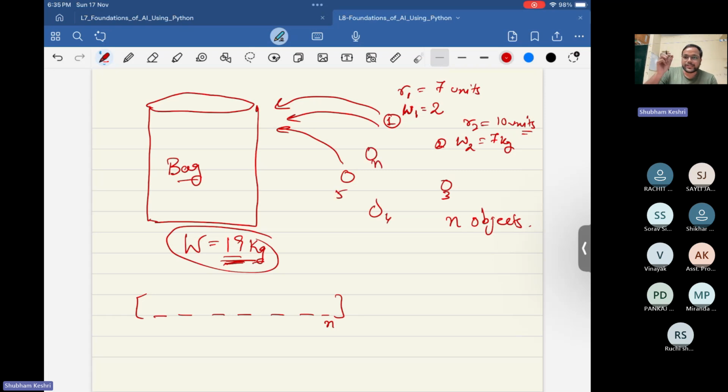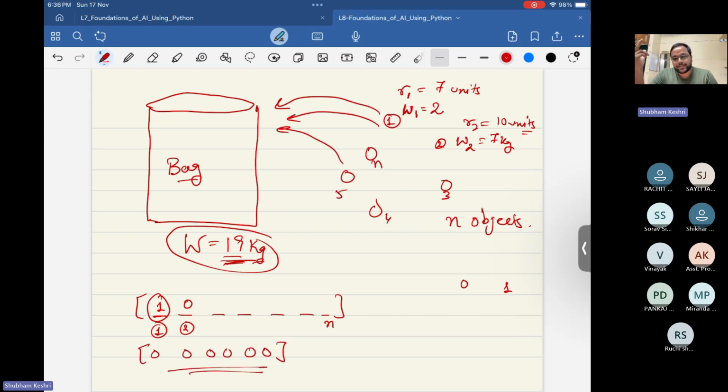Each object is being labeled, and when the first label is 1, it means the first object is picked. And if the label is 0, so over here the second position is 0, it means that object is not picked. So 1 means the object is picked, 0 means the object is not picked. So what can be a solution to this problem? All 0.